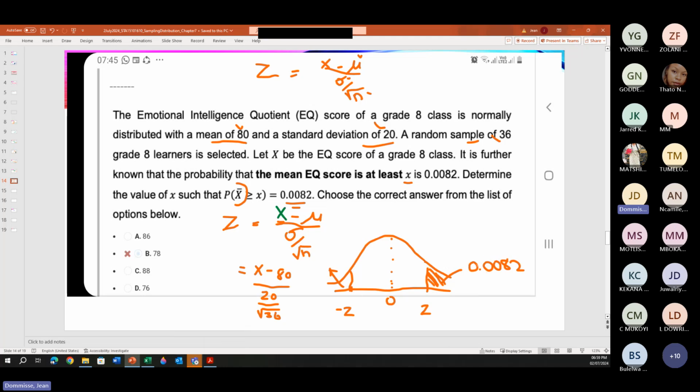So we're looking for a probability of 0,0082.